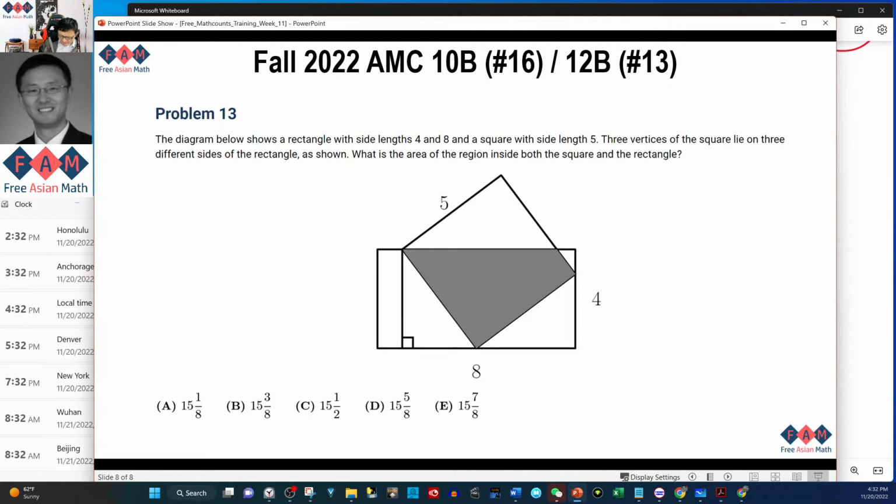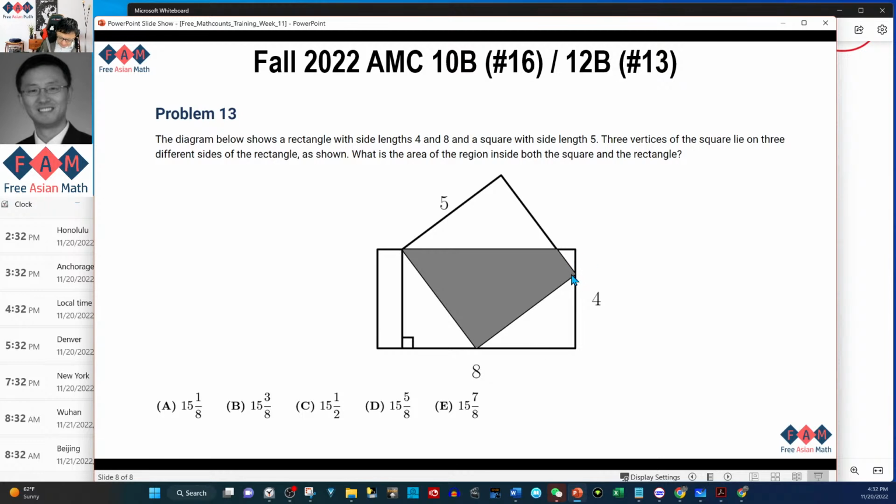25 problems. So you have a rectangle here, and you put a square somehow, just rotate it so that one of the vertices is on the top edge of the rectangle and one vertex is at the bottom of the rectangle, and another one is on the side.